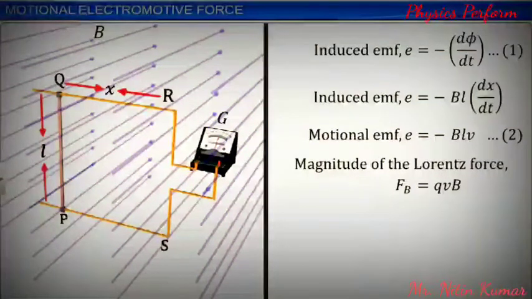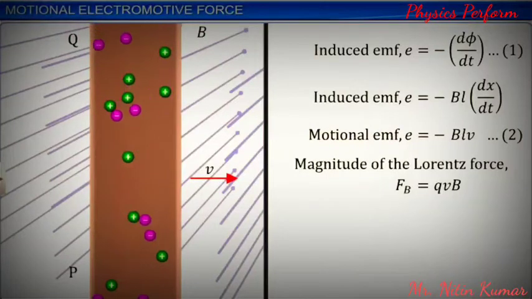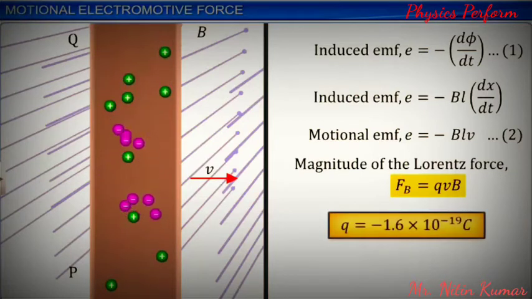As the conductor moves with a speed v, free electrons in the conductor also move with speed v in the magnetic field B, in addition to the random velocity they have within the metallic conductor PQ. The average magnetic force due to the random velocity is 0. But the average magnetic force on each free electron due to velocity v is FB equal to QVB, where Q is the charge on the electron, equal to minus 1.6 into 10 power minus 19 coulomb.